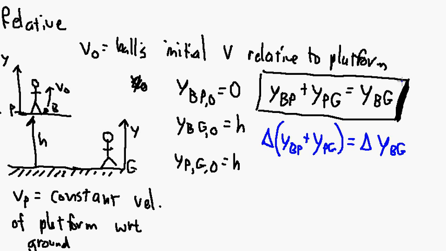This is going to be true forever, which means if this side changes, this side has to change by the same amount. So if we have a change over some period of time, then the changes must be the same. Now, what can we say about the right side? This is y of the ball with respect to the platform and y of the platform with respect to the ground. This quantity is the sum of the two. If this changes, then these two have to be changing in ways that add up to the total change.